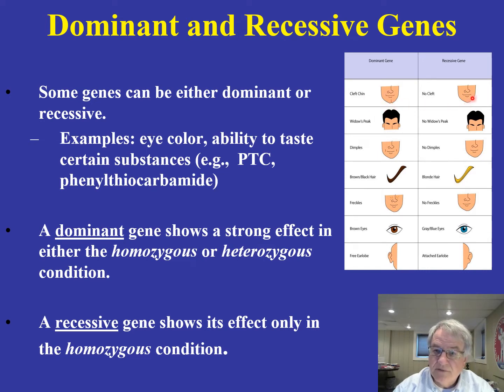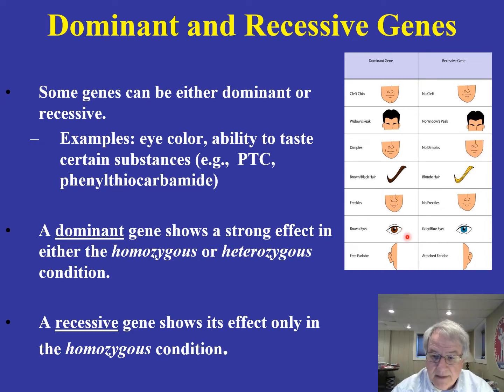This is recessive in the case where an individual does not have this. Widow's peak that you see here. No widow's peak that you see here. Again, this is recessive, this is dominant. Dimples, that's also dominant. No dimples, that's a recessive condition.